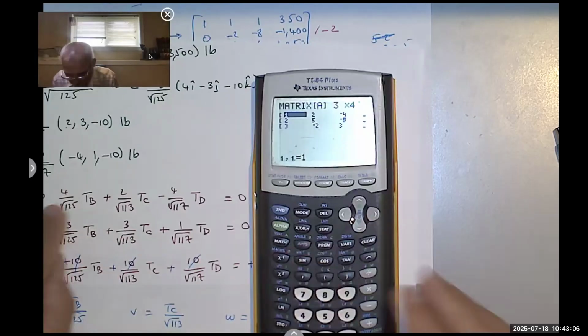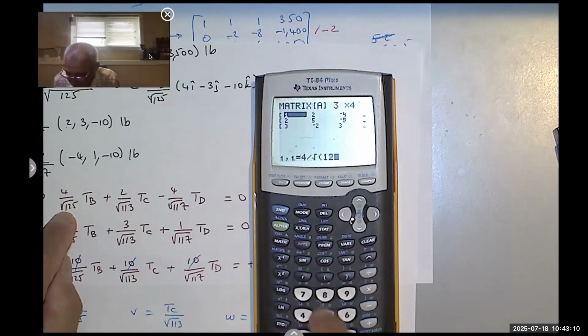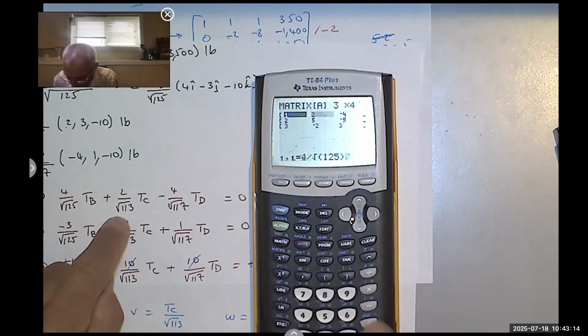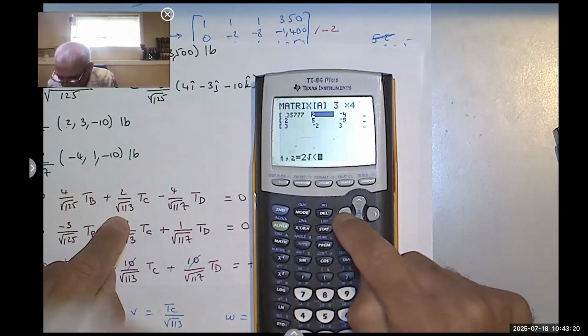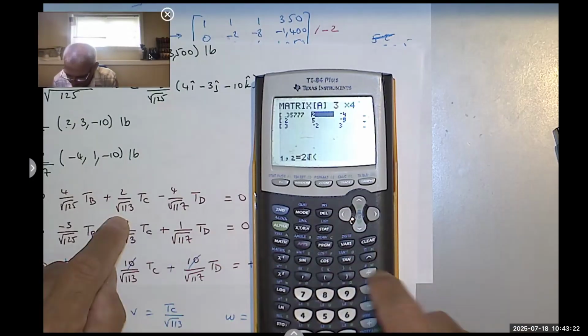I will enter 4 over the square root of 125, 2 over the square root of 113.